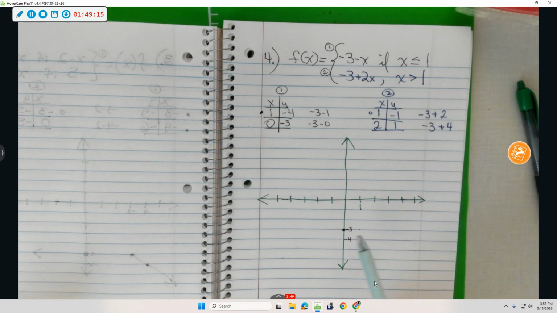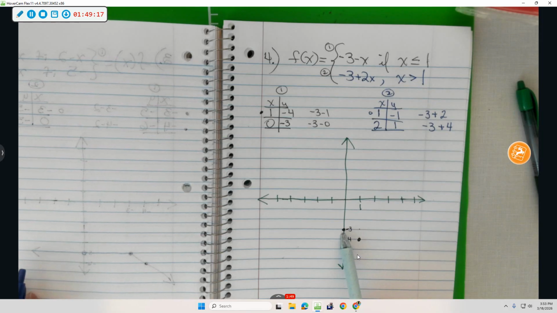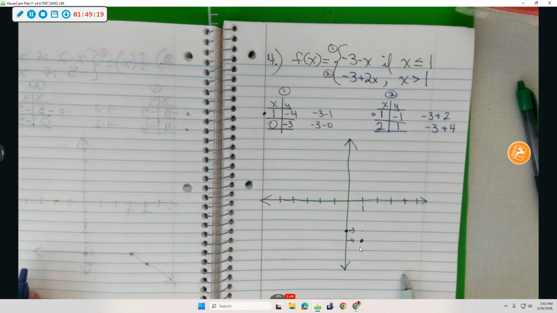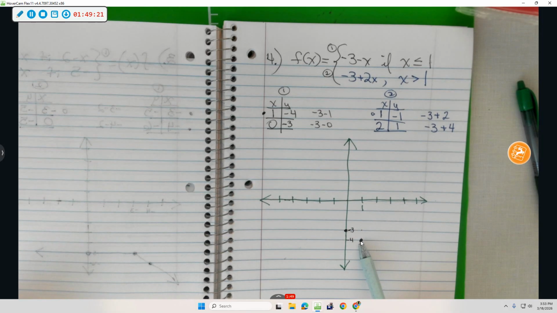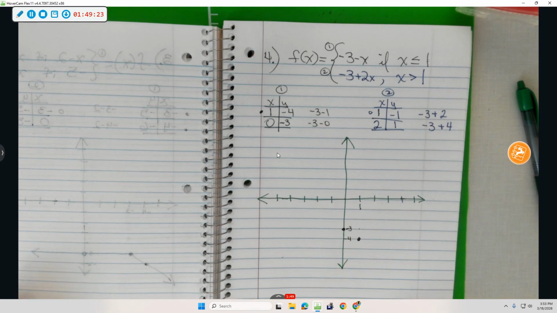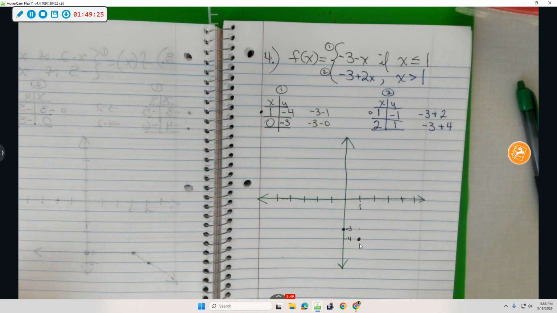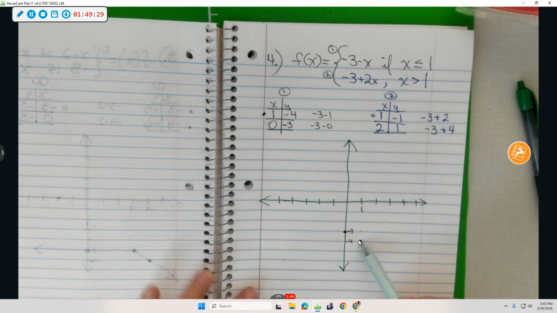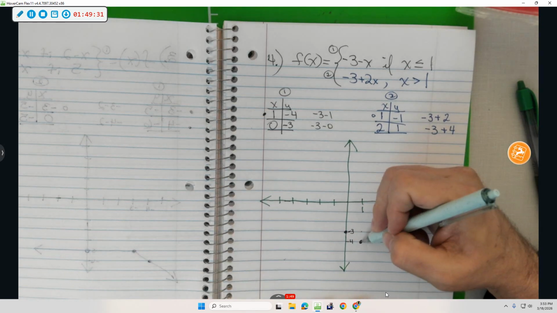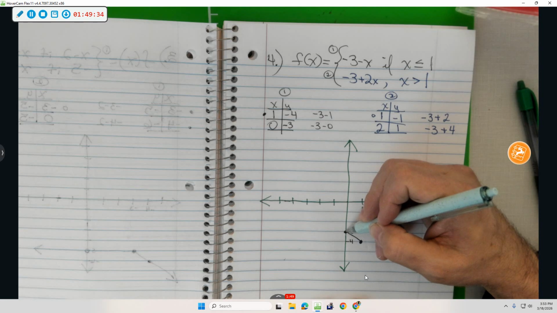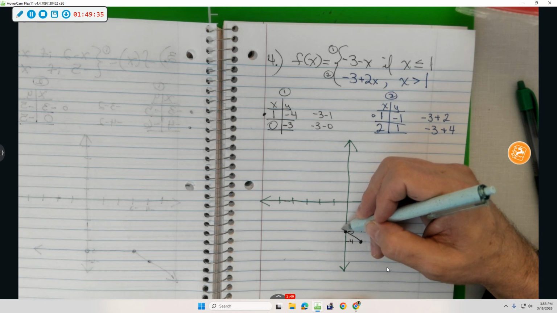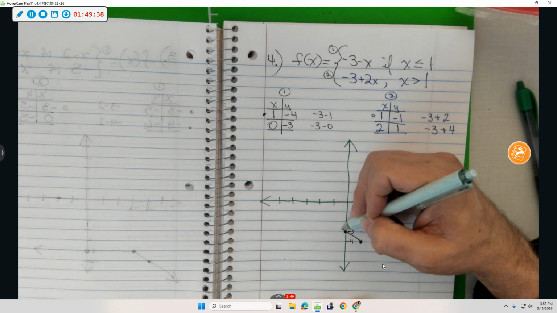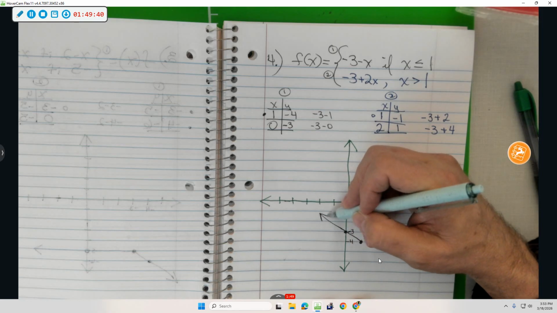I have these 2 points. Do I start here and go towards the right, or do I start at the bottom point and go towards the left? You start at the cut point, 1, negative 4, and you go towards the other point. Am I going to stop, or am I going to have arrowheads? It's going to keep going. I'll have arrowheads.